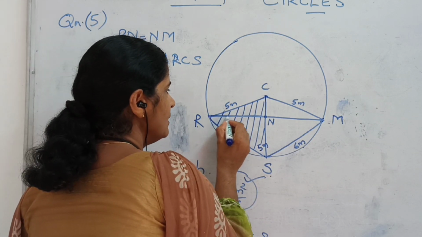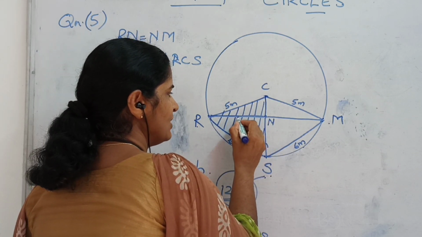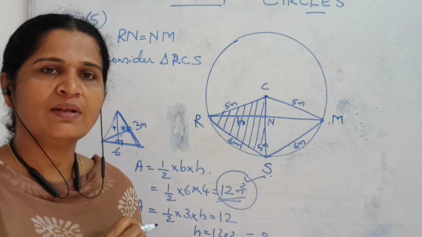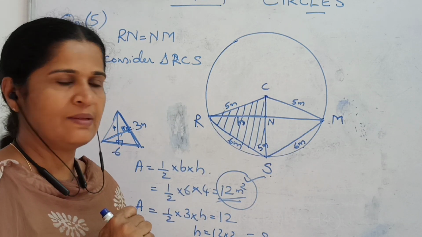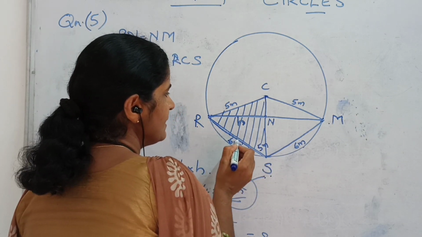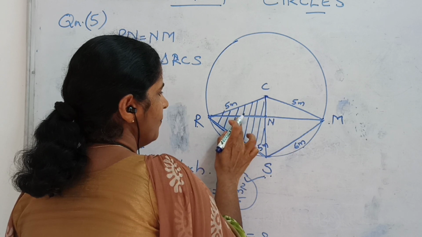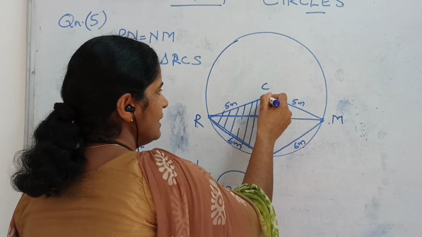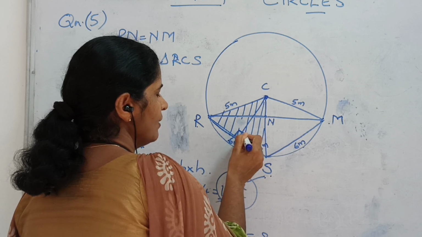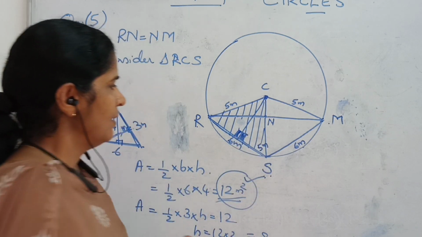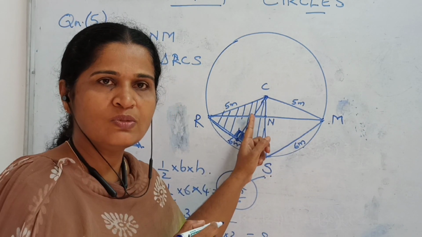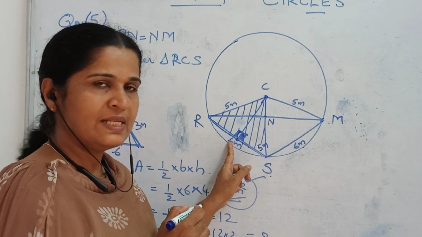So we need to find out this height. Let it be H. We'll try to find the area of the triangle using two bases. With this base we know already: this base is 6, and from the opposite vertex I draw a perpendicular to it. We know this will cut the base equally because it's an isosceles triangle with sides 5, 5 and base 6.